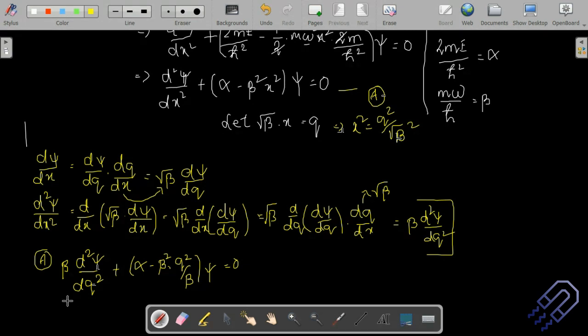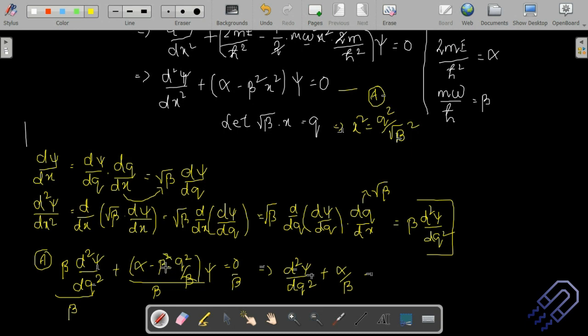We're simplifying things here. Divided by beta on this side, divide this by beta, and of course divide this by beta. So that remains as 0. And if we simplify this, I'm going to get it to be d square ψ by dq square plus, divide this inside the bracket, it will be alpha by beta, minus, you can see here, this beta and this beta will get cancelled.